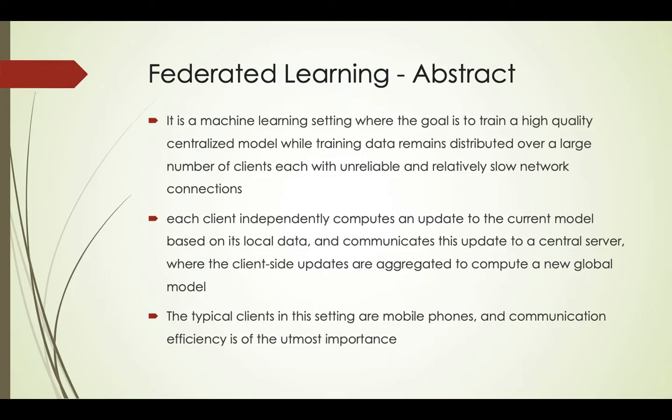Each client independently computes an update to the current model based on its local data and communicates this update to a central server where the client-side updates are aggregated to compute a new global model. The typical clients in this setting are mobile phones, and communication efficiency is of the utmost importance.